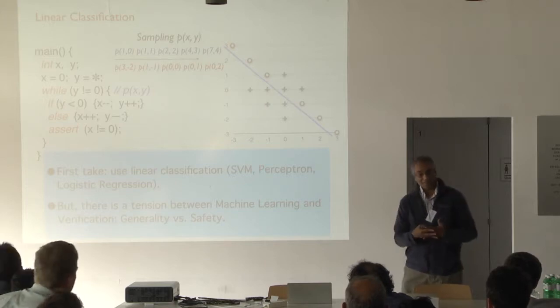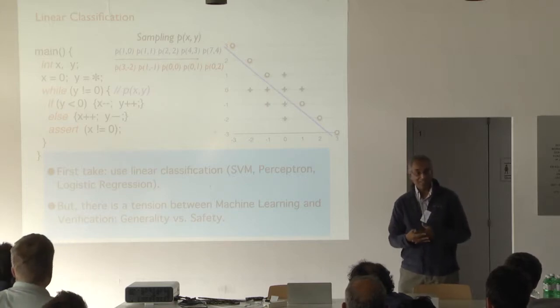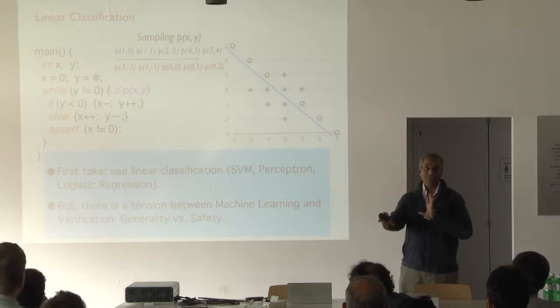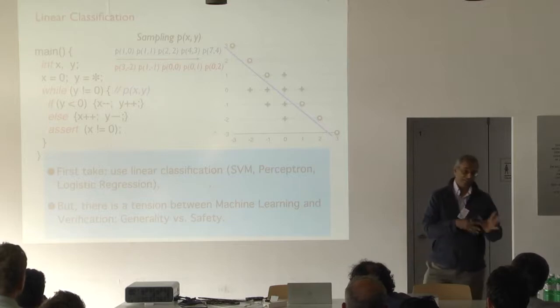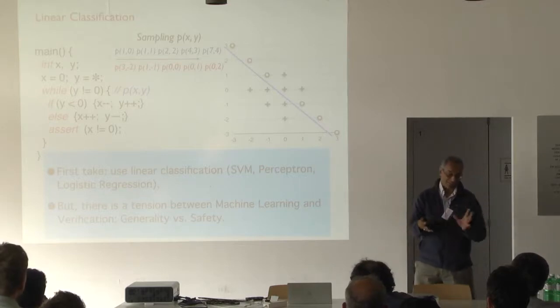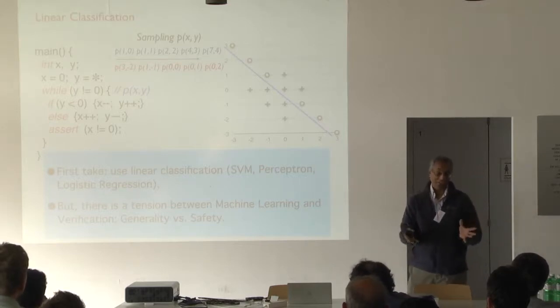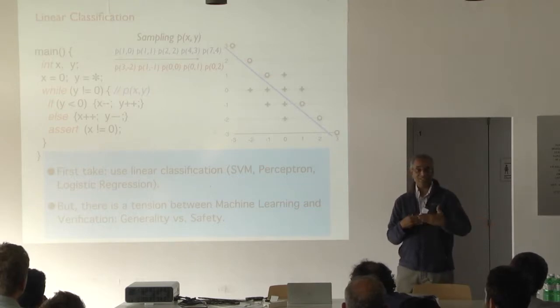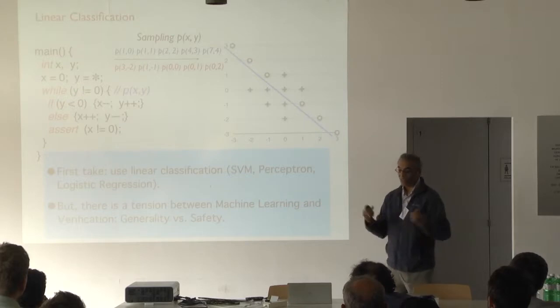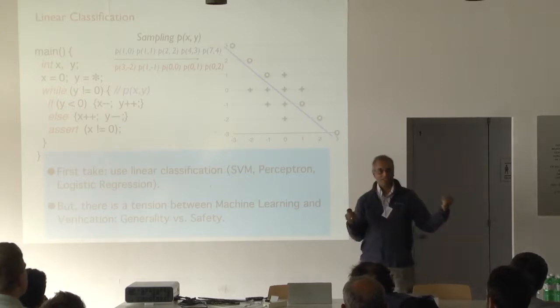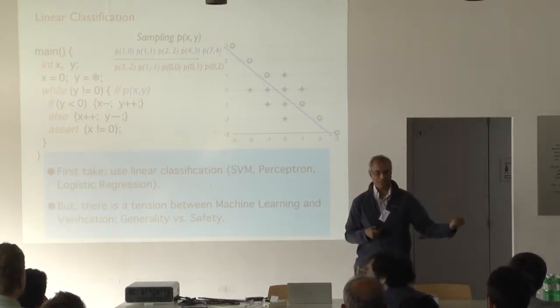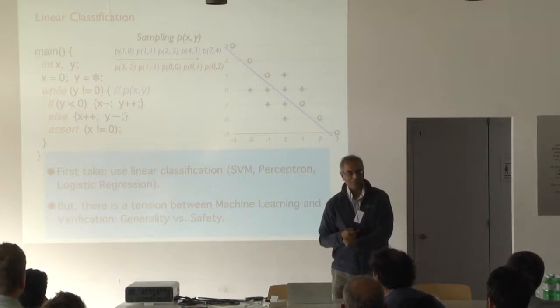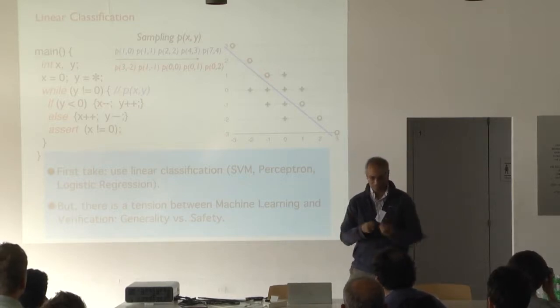They're okay mislabeling a positive sample as a negative sample in the quest for generality. That's the whole name of the game in machine learning. Whereas we, in the field of verification, would like generality, but we're much more interested in soundness. We can't afford to tolerate a misclassification. So we have this tension: generality on the one side, given by these tools, but safety is paramount to us. So how do we reconcile that?